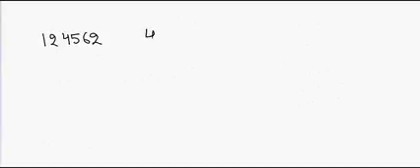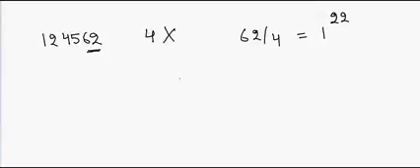In that case I have to look at the last 2 digits, and check whether they are evenly divided by 4. If we try to divide 62 by 4, I get 15, and then I have 2 left. So that is not evenly divided by 4, and this number cannot be evenly divided by 4.